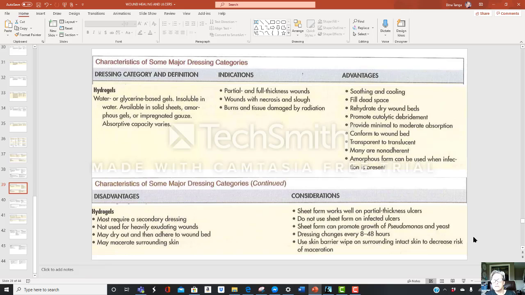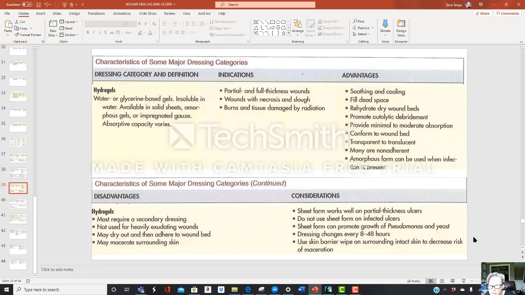Advantages: it's soothing and cooling, fills dead space, rehydrates dry wound beds, promotes autolytic debridement, provides minimal to moderate absorption, conforms to wound bed, transparent to translucent, many are non-adherent.